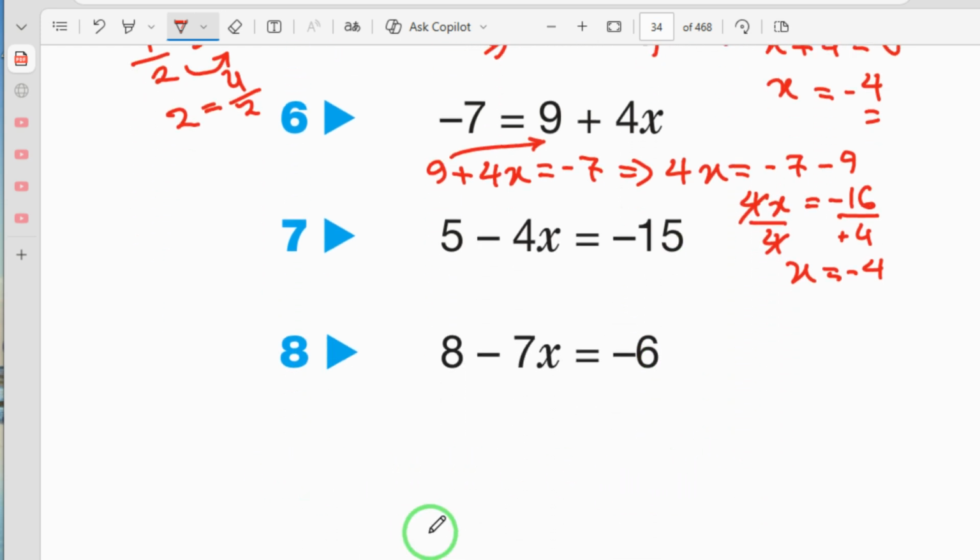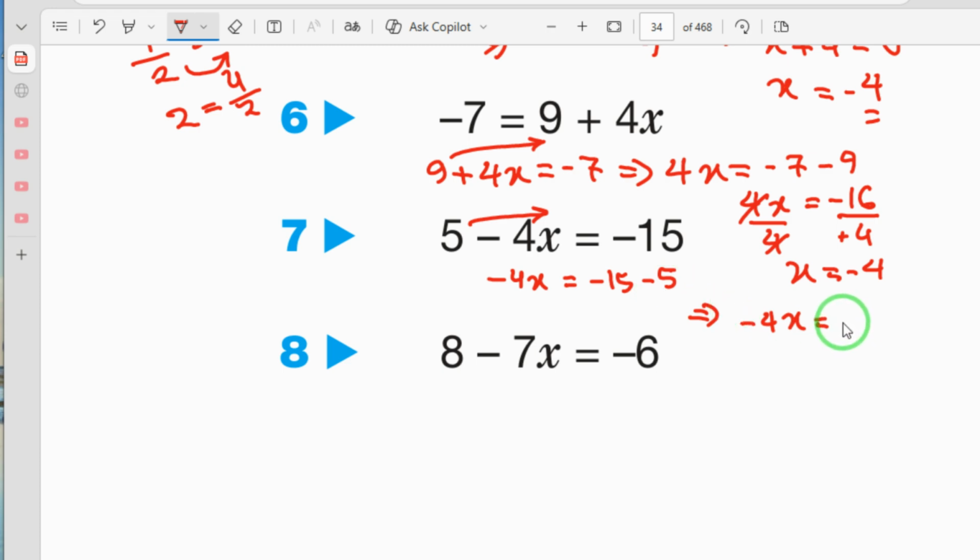Question number 7. Here we write minus 4x equal to minus 15. We bring this 5 to the right side, become negative minus 5. Then here we have minus 4x equal to minus 15 and minus 5.